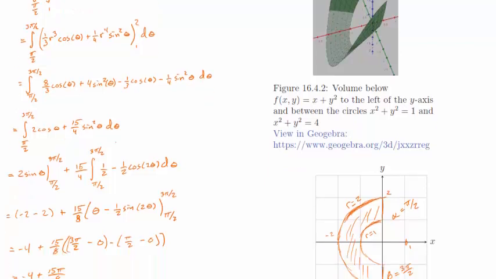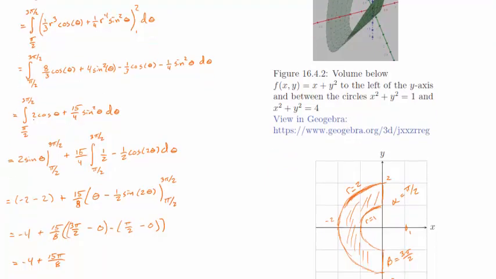Combining like terms, we get that this equals the integral from pi over 2 to 3 pi over 2 of 2 cosine of theta plus 15 over 4 sine squared of theta d theta. Now, in this sum, 2 cosine of theta I can take the antiderivative of pretty easily, so we get 2 sine of theta evaluated from pi over 2 to 3 pi over 2 plus 15 over 4 times the integral from pi over 2 to 3 pi over 2 of 1/2 minus 1/2 cosine of 2 theta d theta.